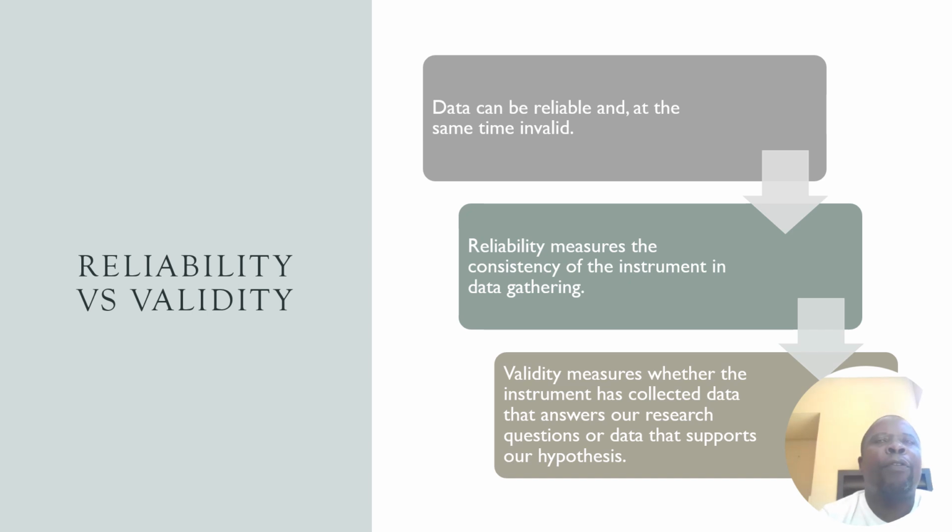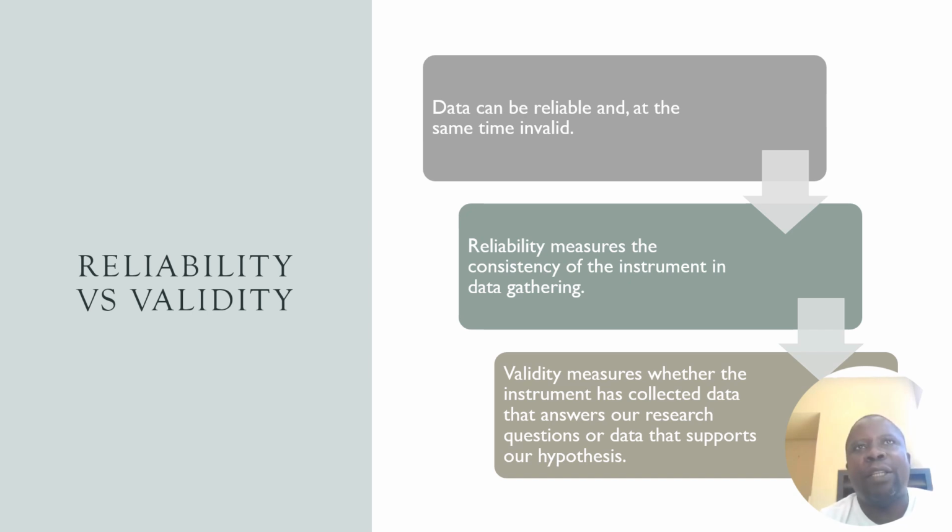Then it's very important for you to know that data can be reliable and at the same time not valid, or fail to meet the research validity. It is because in reliability we measure the consistency of an instrument in gathering data, and in validity we are actually measuring whether the instrument has collected the data that answers our research questions or that supports our hypothesis.